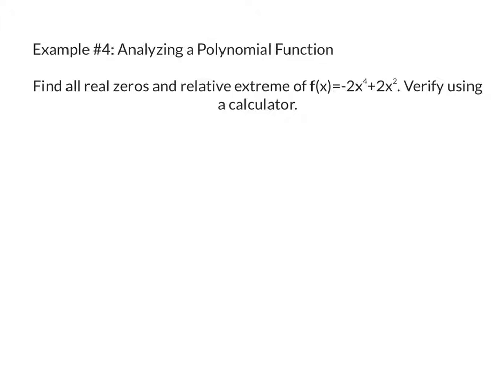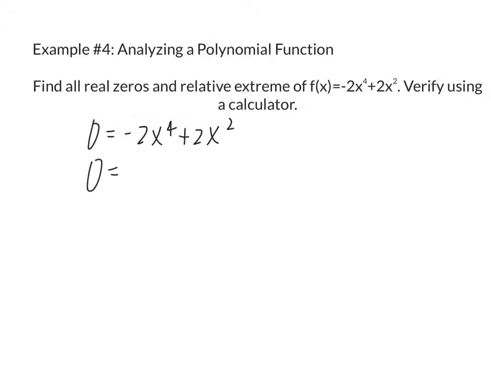In example 4, we're going to find all the real zeros, and we're also going to find the relative maxima or the relative extrema on our graphing calculator. So the first thing we're going to do is we're going to factor. So again, 0 equals negative 2x to the 4th plus 2x squared.